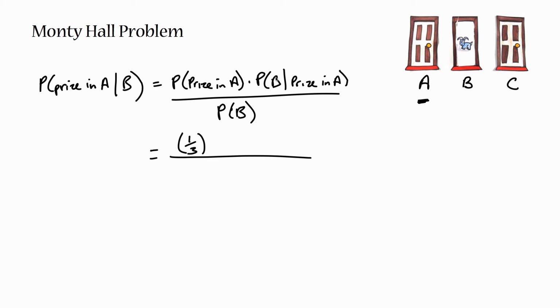Now what's the probability that Monty's going to open door B given that the prize was in A? Well, if you've never seen the show, he never just straight up opens the door that you've chosen and says, "Congratulations, you won," right? No matter what door you choose, he always opens one of the other two and shows you a goat. This is important for the probabilities all adding up.